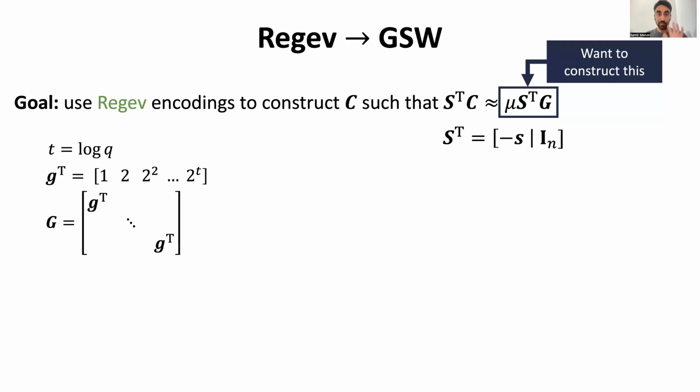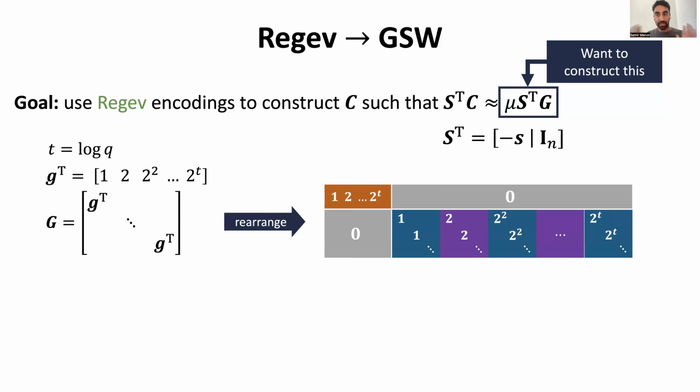So first, recall what the gadget matrix looks like. This is our powers of 2 matrix. I'm going to rearrange the gadget matrix. You should be convinced that this doesn't really change anything. The gadget inverse still applies if I just permute the columns of the gadget matrix.